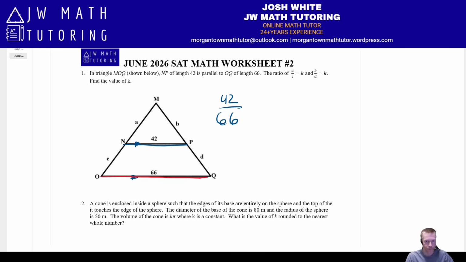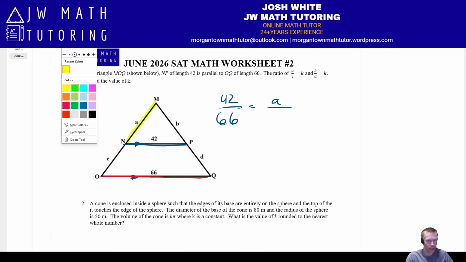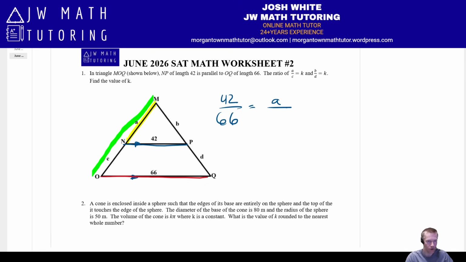Now, looking at either side here, whether you want to look at A and C or B and D, it doesn't matter, realize that A is a side in the small. So that is what's going to go on the top of our proportion. However, C is not a side in the big. The full side in the big is from here all the way down to here, and that is equal to A plus C.